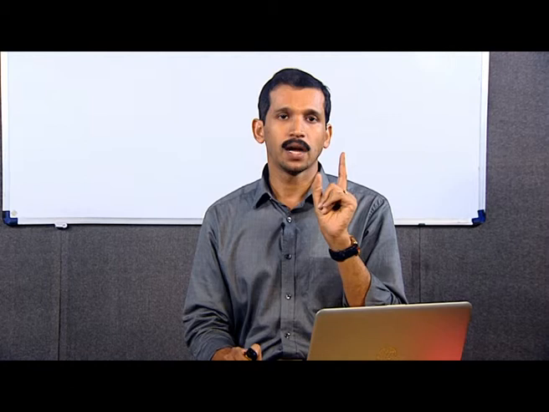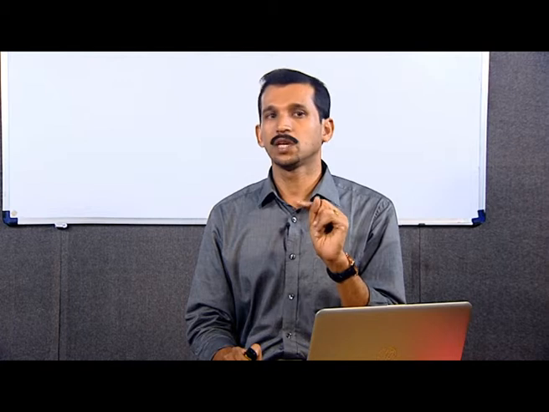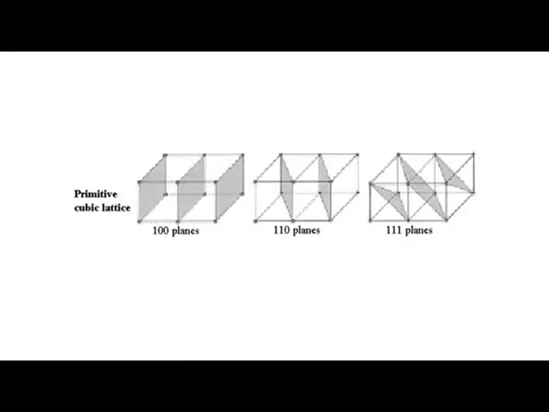But this is very easy to understand, because in one of the earlier lectures I showed you the primitive cubic lattices, and we derived the kinds of planes which are possible in a simple cubic lattice. As you can see in the figure, there are 1 0 0 planes, 1 1 0 planes and 1 1 1 planes in the same simple cubic lattice.